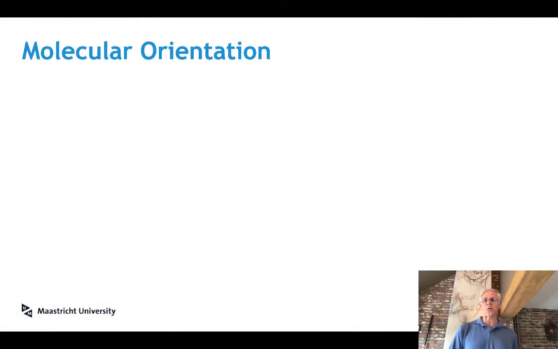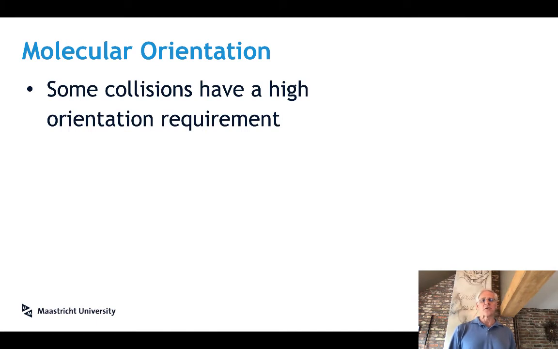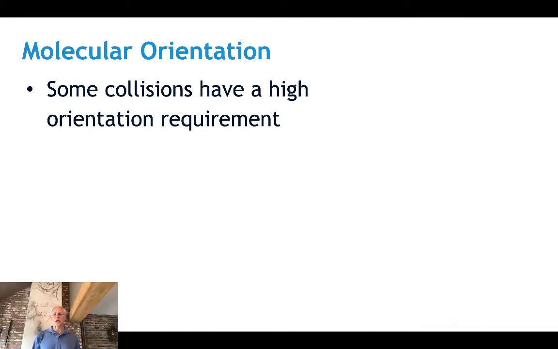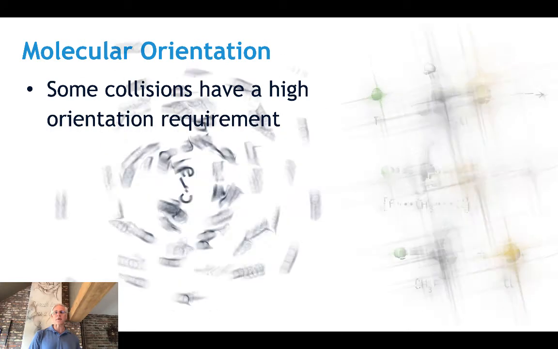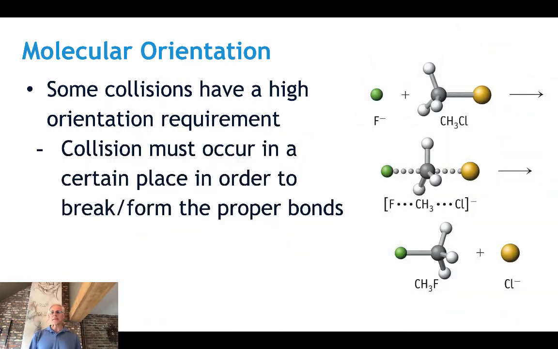Let's look at how that might work graphically here. If you have a reaction that has collisions with a very high orientation requirement, that means that you're not going to have all of your collisions resulting in a reaction. So let's see what that looks like. If you have a high orientation requirement, that means that your collision must occur in a very certain place in order to break or form the proper bonds.